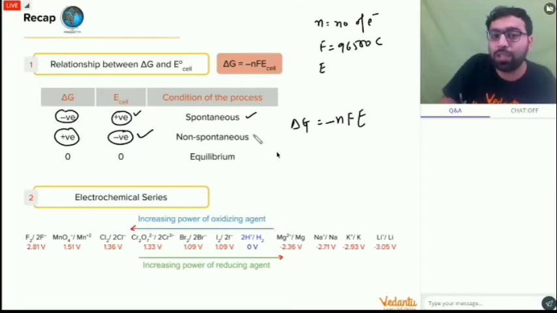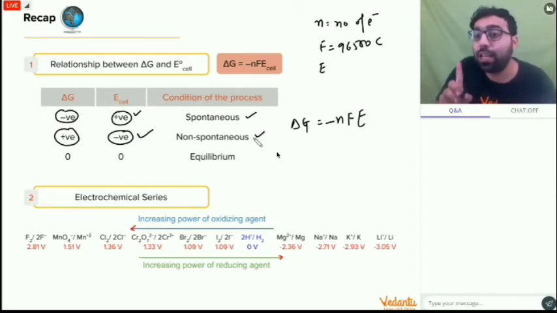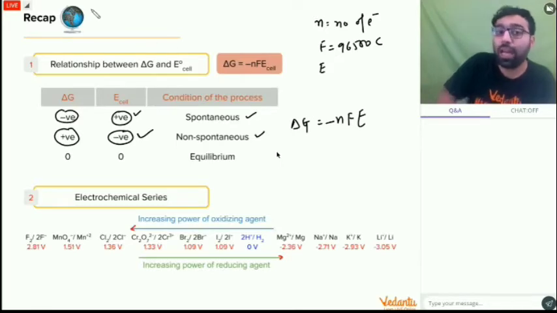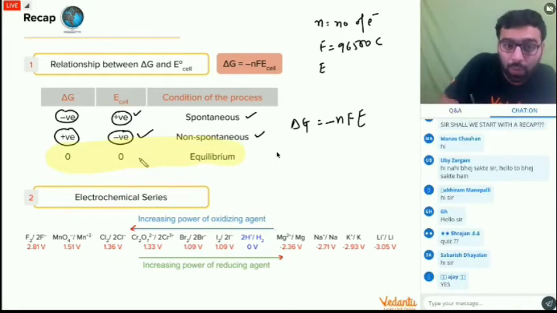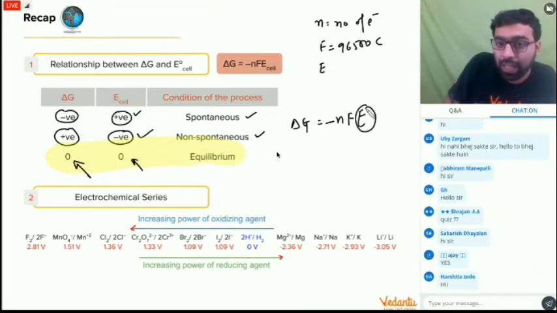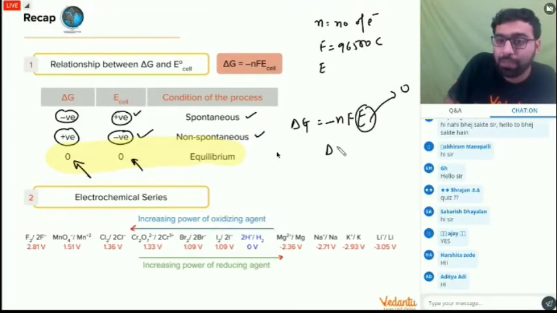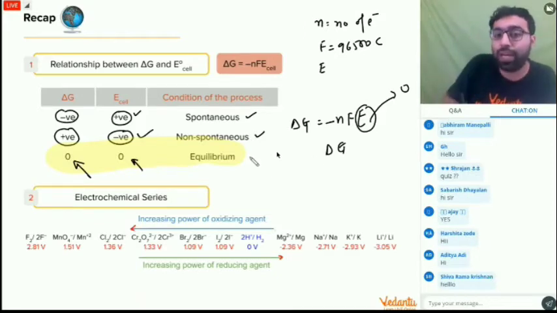Delta G positive means non-spontaneous. The cell will not work. And the last part, which is today's agenda, equilibrium. If E cell is zero, then delta G becomes zero. That's why it is at equilibrium.